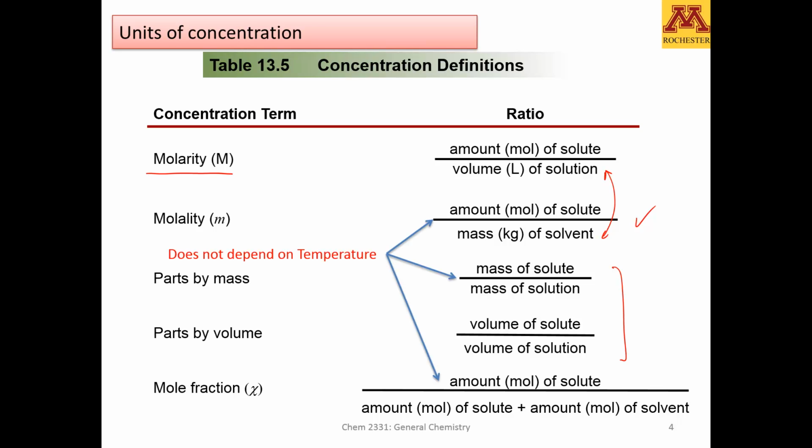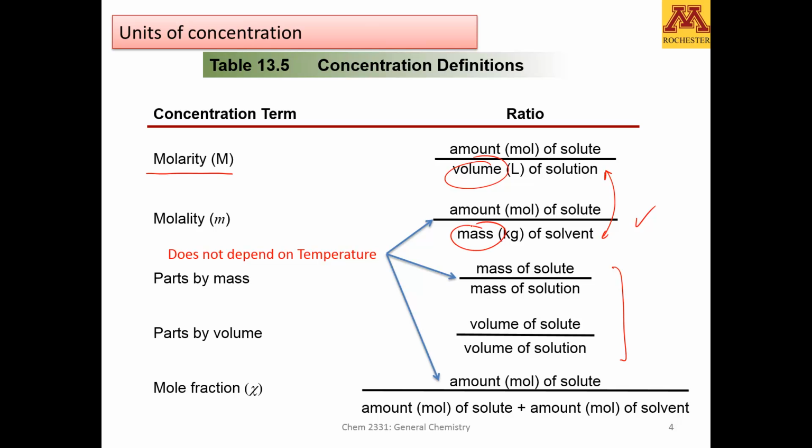There is a very important distinction, which is that some concentrations are independent of temperature, and that's important when you have a specific solution that is studied at different temperatures. You want to make sure that the concentration does not change with temperature. As you will know, volume will change with temperature.